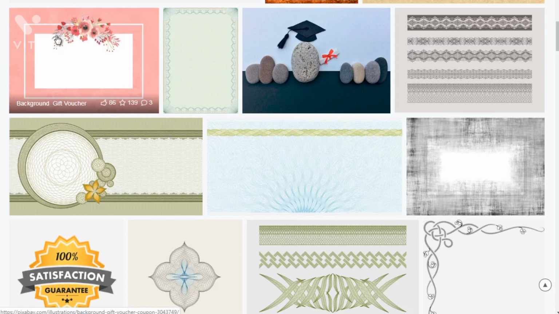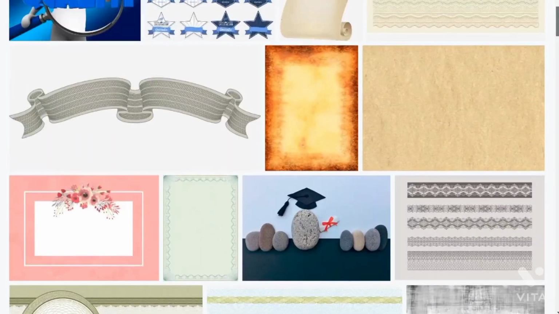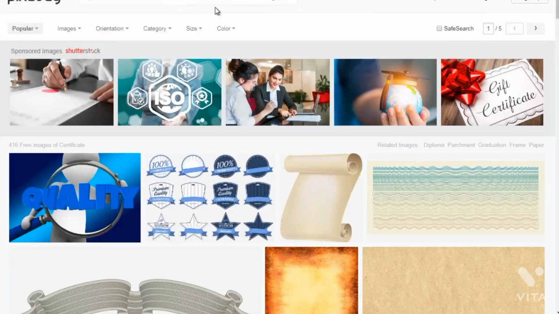So it's okay to have some words, but you do want to have some bare spots. For example, if you had a certificate that had a lot of words like this, that would not work. All you need to do is simply download one of these. So let's go back up here.